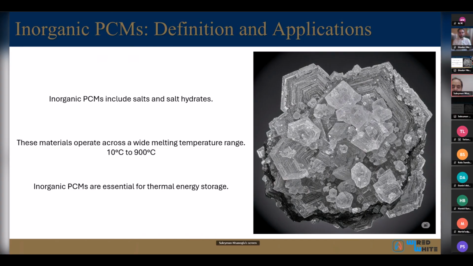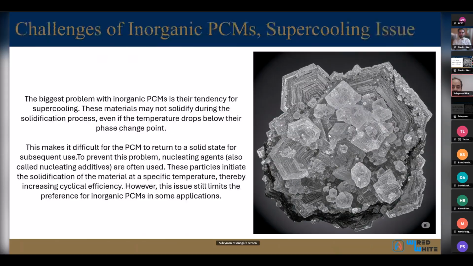Their stability at high temperature makes them indispensable in many thermal energy storage systems. The major problem with inorganic phase change material is their tendency to supercool. During solidification, these materials may not solidify even when the temperature drops below the phase change point.